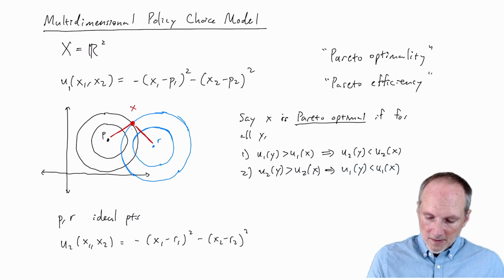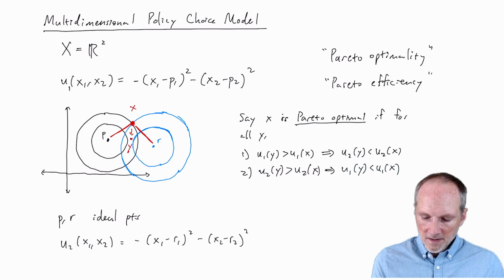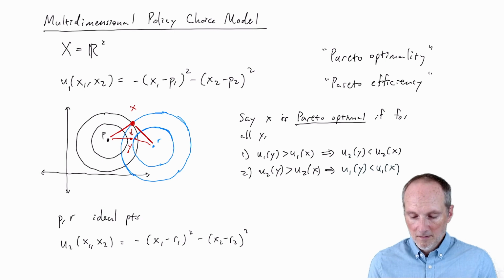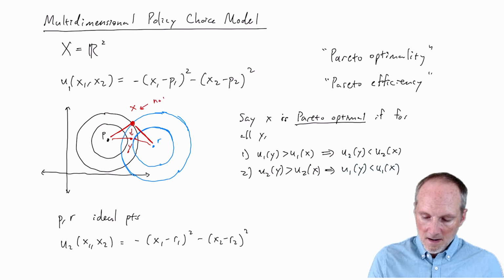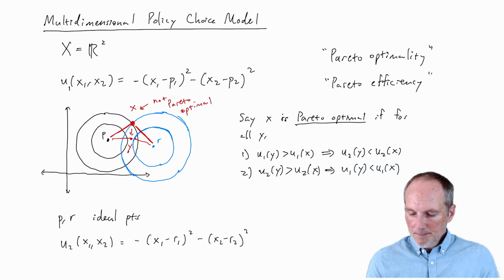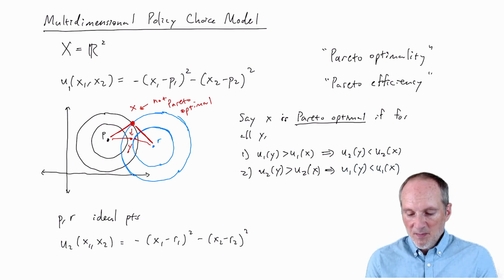Well, you could just imagine moving in a little bit, and this policy Y here is actually closer to both of these guys. So they both have a higher utility from Y. That means that they're both strictly better off, and that means that X is not Pareto optimal. Okay, so that's what it means to not be Pareto optimal.